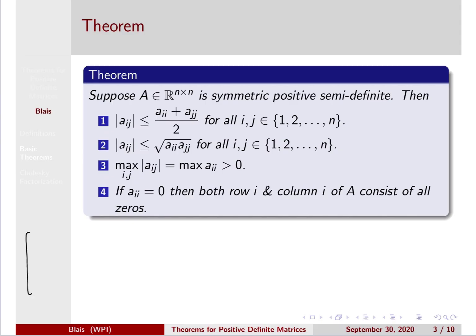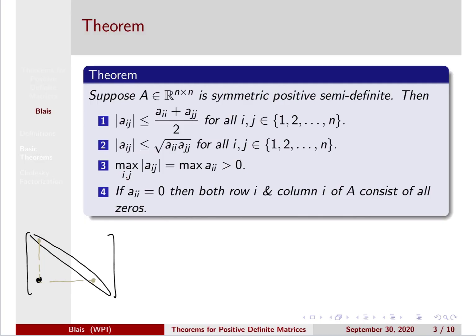So if you choose an off-diagonal entry, you can go to the corresponding diagonal entries and take the average of those, and you will get something larger than the absolute value of that off-diagonal entry. We also have that the absolute value of any entry is less than or equal to the square root of the product of the two corresponding diagonal entries.